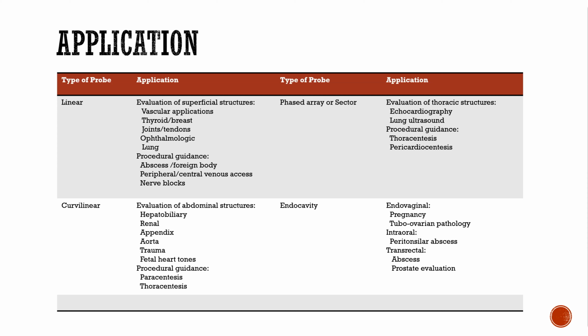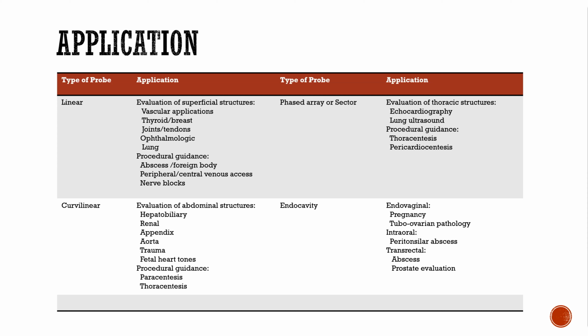So we have sort of the straight line linear type. It's good for looking at very superficial structures. We have the curved one that most people I think are familiar with, particularly in the OB areas, where it's used to monitor fetal heart tones and get images for that. There's also sort of a larger, wider one, which is called a phased array or sector.